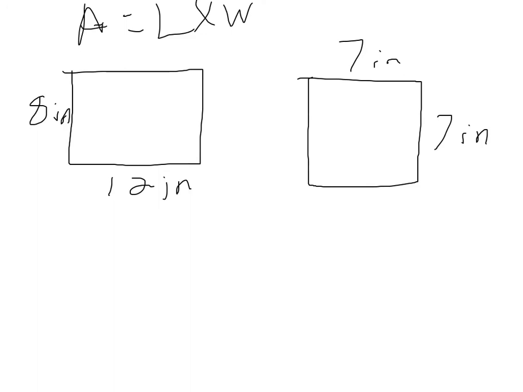We don't know our area, so we're going to start off with area equals. And we know that the length here is 12 inches. So now we're going to multiply our 12 by our width, which is 8 inches. And 12 times 8 is 96. So you're going to end up with area equals 96.